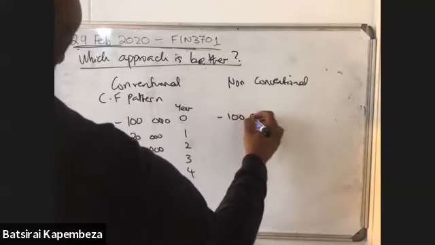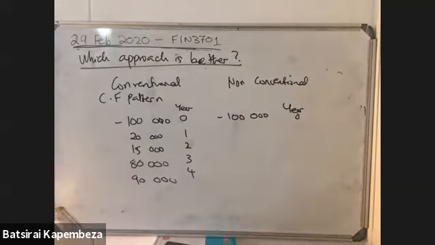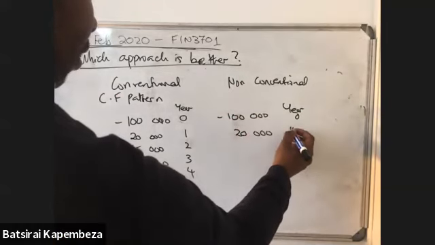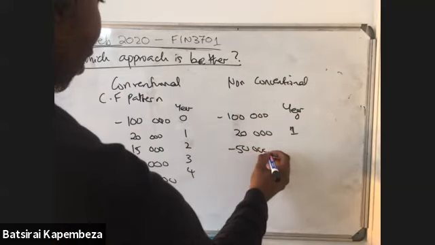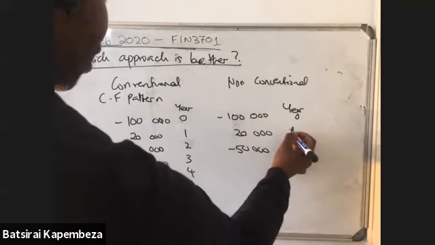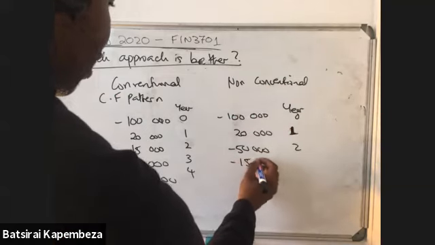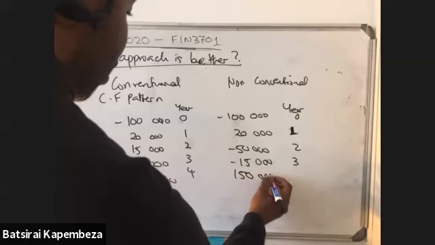This, on the other hand, is non-conventional. You spend 100,000, the initial investment at time 0. You get 20,000 coming in, year 1. Year 2, you spend 50,000. Year 3, you spend 15,000. Year 4, you get 150,000.